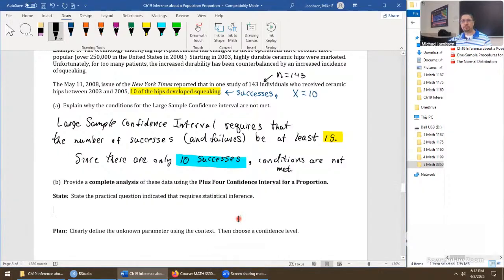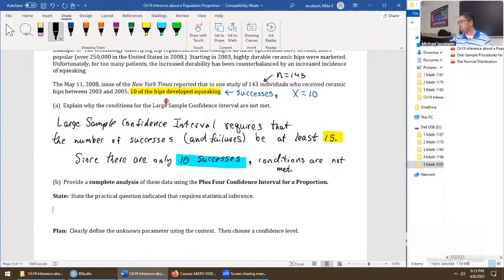Okay, we're trying to do a confidence interval analysis. That means we're estimating something from this problem. But if I've identified the successes, you essentially know what the parameter is as well. We're trying to estimate the proportion or percentage of successes, squeaking hips, amongst the entire population. Our population is confusing on this one because when we're talking about medical data like this, time is really major.